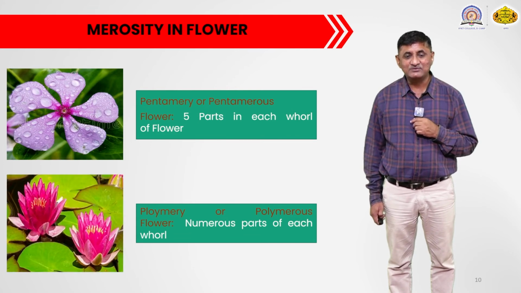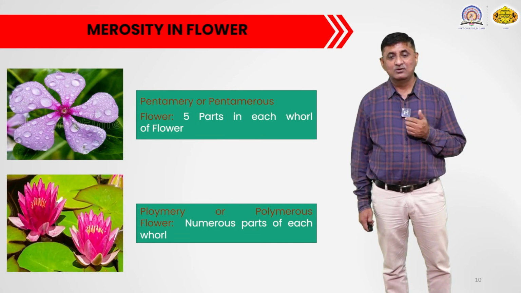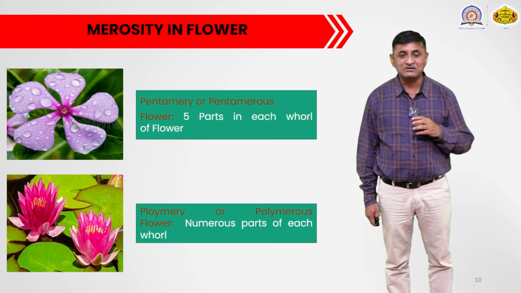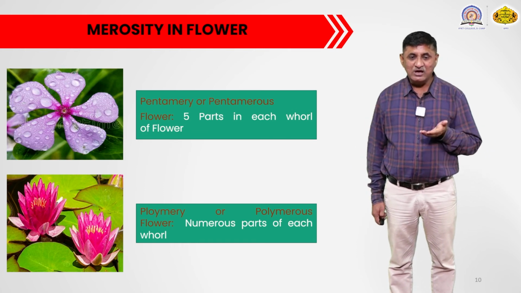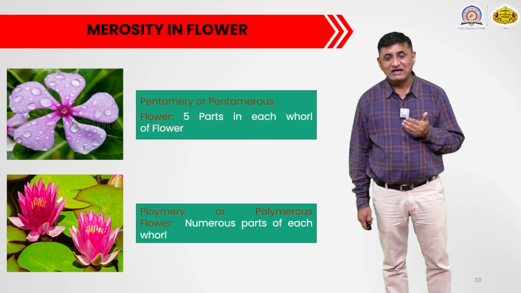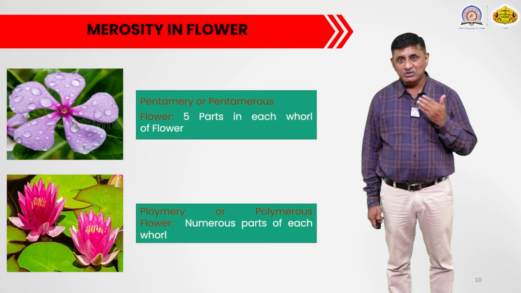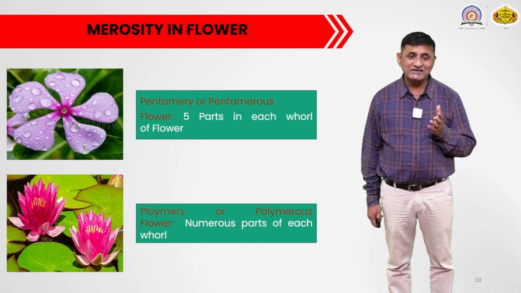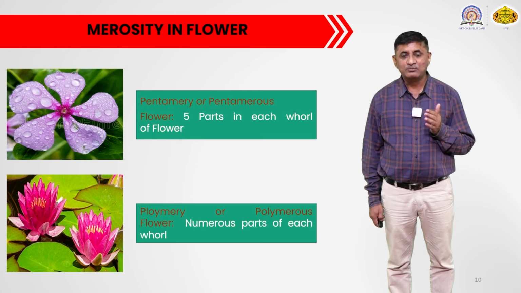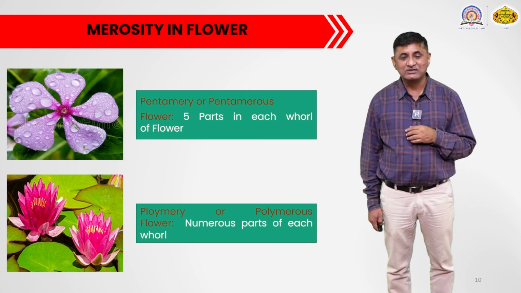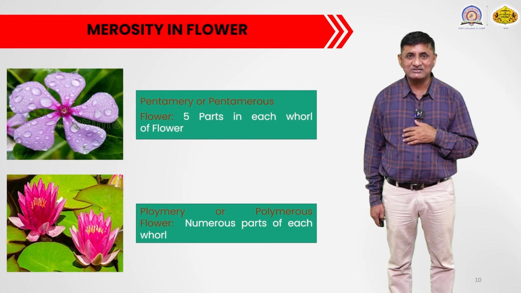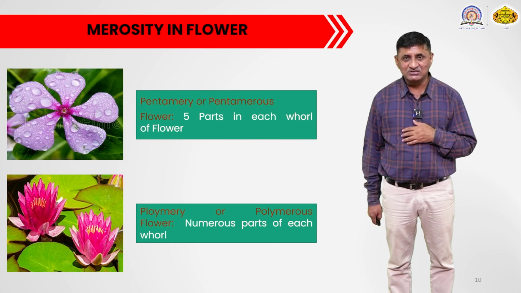Then the last type is polymery or polymerous flower. If the number of parts is many, more than 5, then such merosity can be called polymery or polymerous condition in the flower. There are many examples of polymerous conditions we can see in nature.